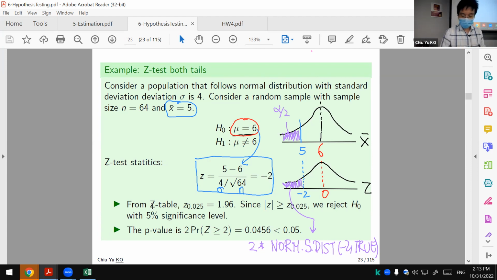And finally, before we end, we can do the critical value method. You just look at the following. Here Z, this is 0.